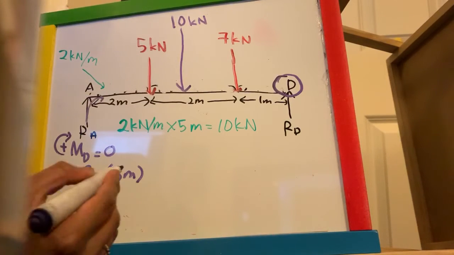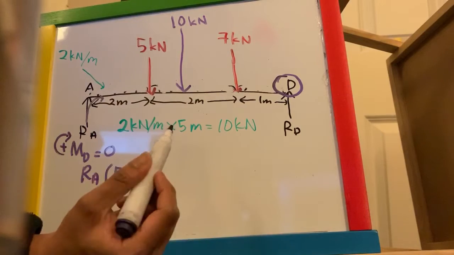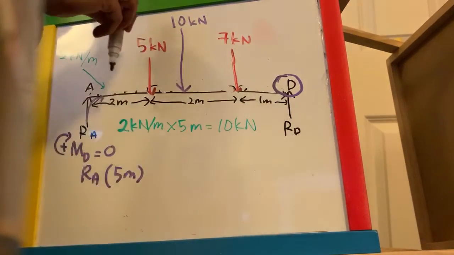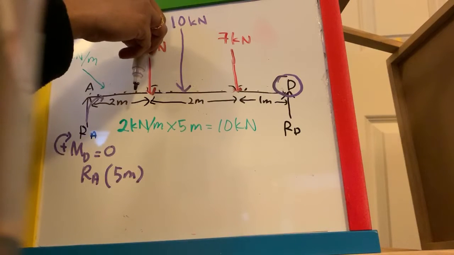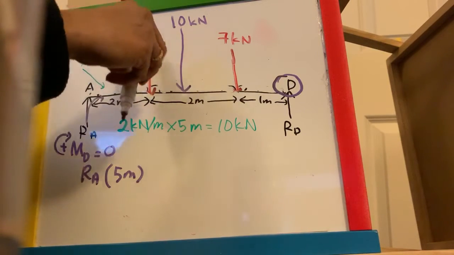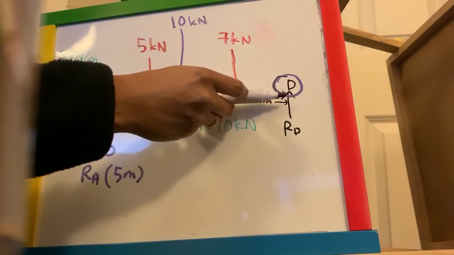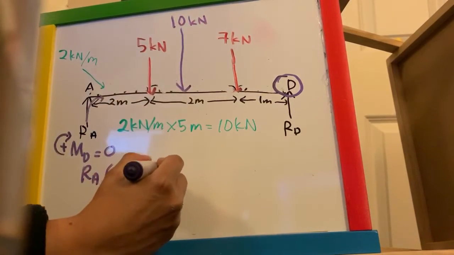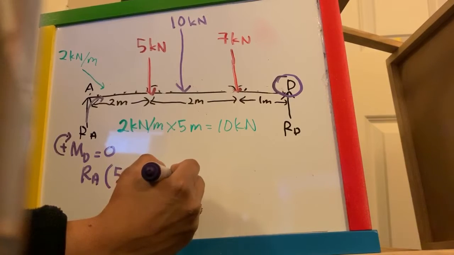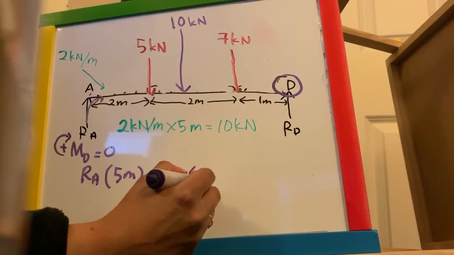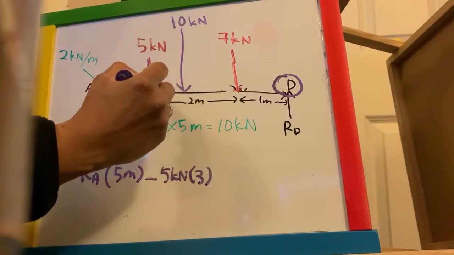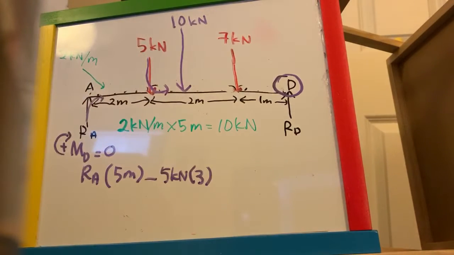Then the second force that we'll be looking at is this 5 kilonewton, pointing downwards, and the perpendicular distance between this 5 kilonewton and the pivoting point D is 3 meters. So minus 5 multiplied by 3. Why is it a minus? Because it is rotating anti-clockwise.